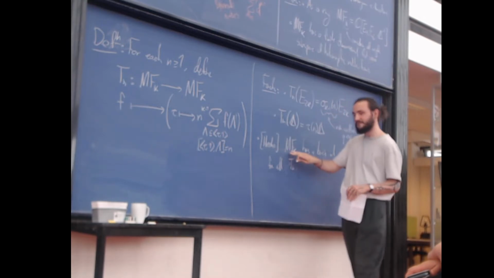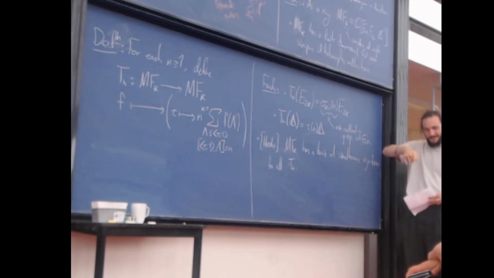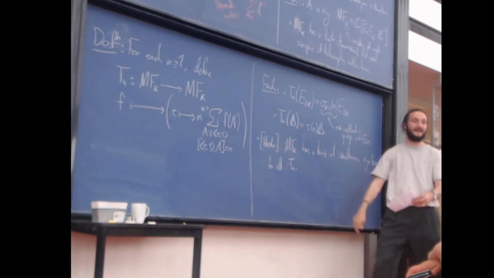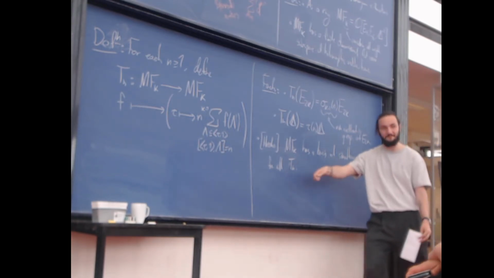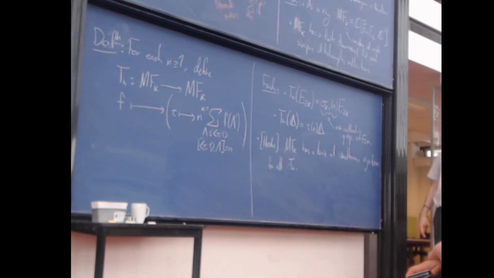So there is some basis for M_k where each element in this basis is not only an eigenvector for T_n, but for every T_n, which is pretty amazing. I mean, there's an infinite amount of operators here. And the proof of this is just a little bit of the spectral theorem. It's just not a super intense application.